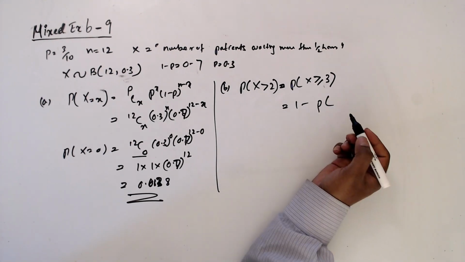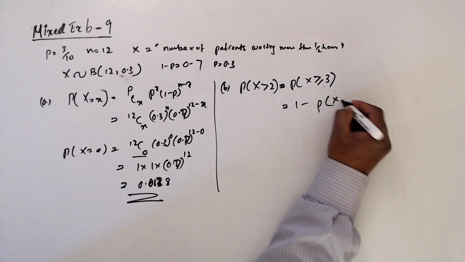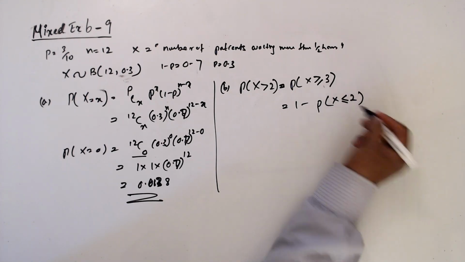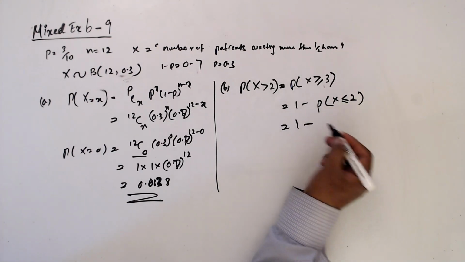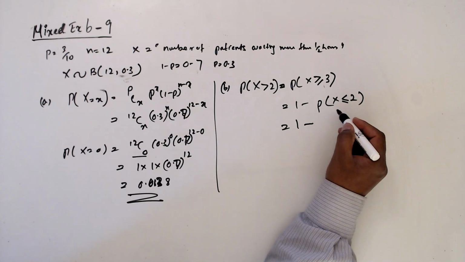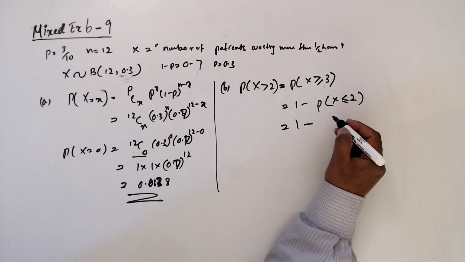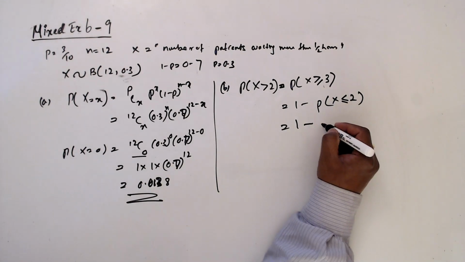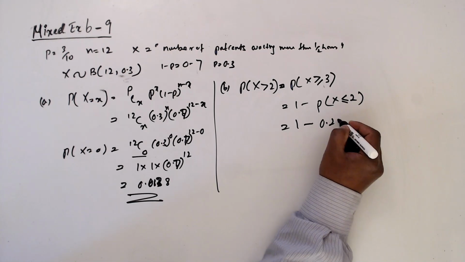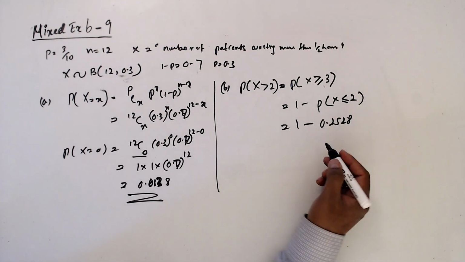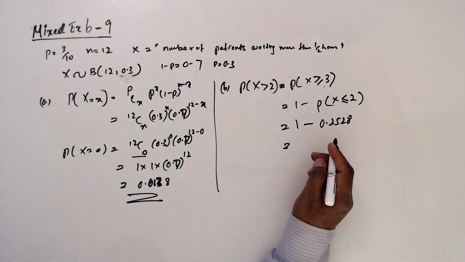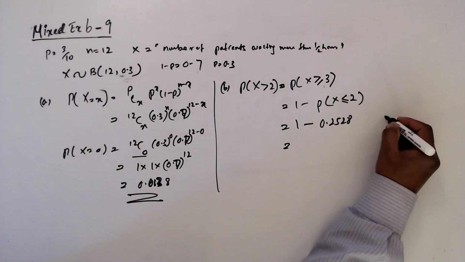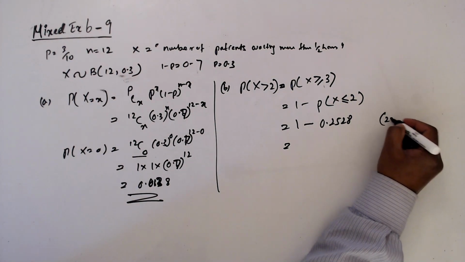Then 1 minus the probability of X less than or equal to 2. When you go to the cumulative distribution on the calculator, you can get this value, 0.2528, or from the table on page 205.